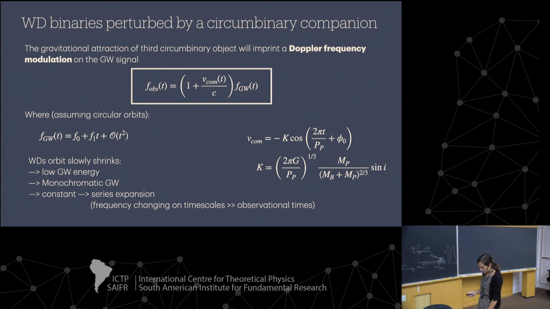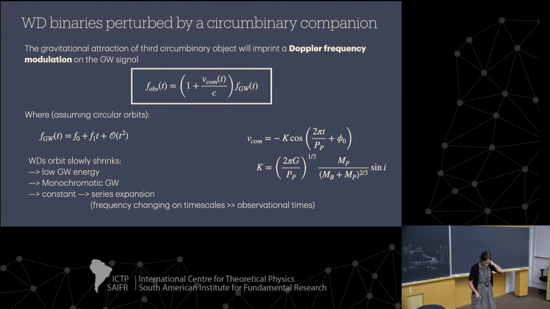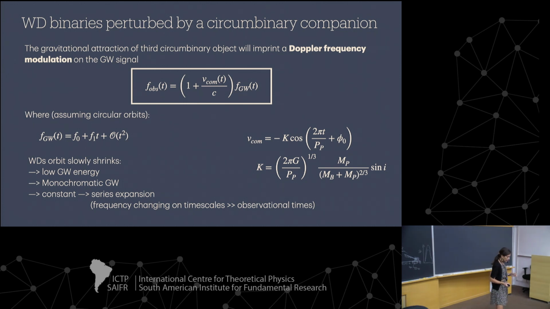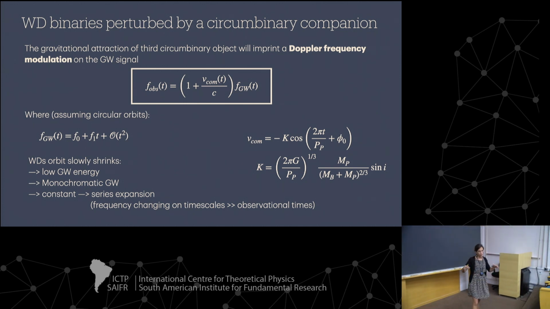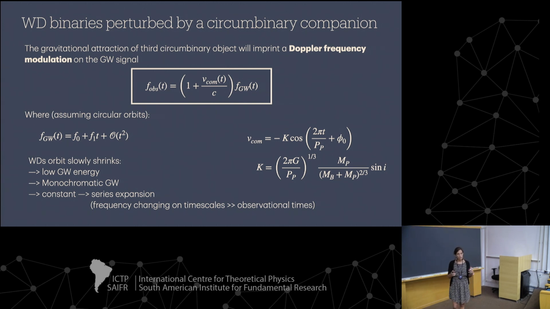So why did I say that the binaries need to have a period between 3 and 30 minutes? Because this is the range of frequency of LISA. Basically, the two stars are compact, so they are producing gravitational waves. And at the same time, their orbit is slowly shrinking, and by slowly shrinking, they are producing gravitational waves.